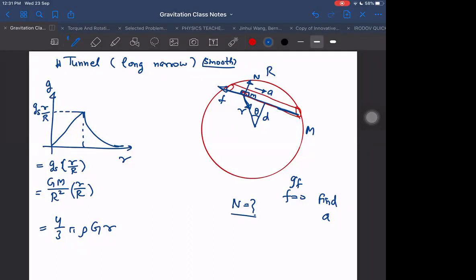Any observation? The acceleration is g sin theta, plus the normal reaction. About the normal reaction, I think you may have observed that the normal reaction is independent of theta. Right or not?